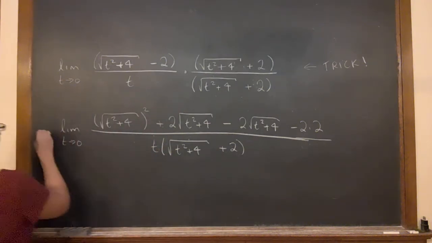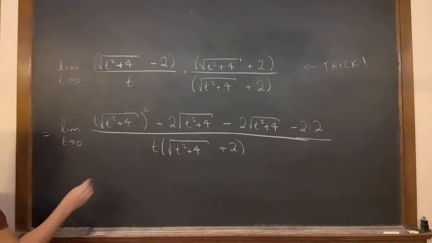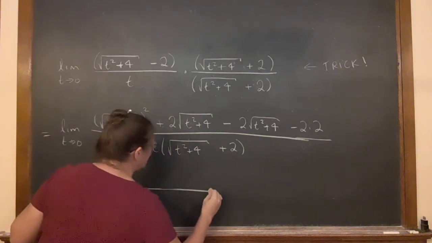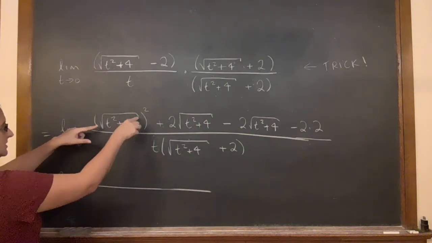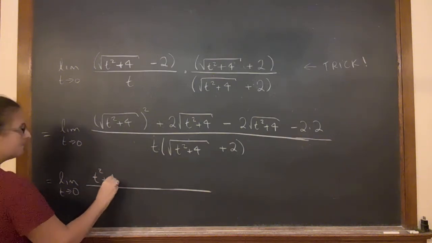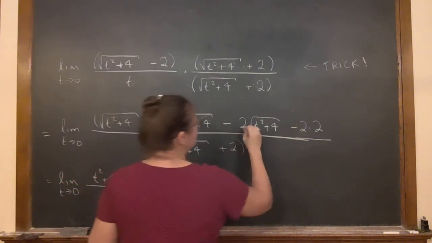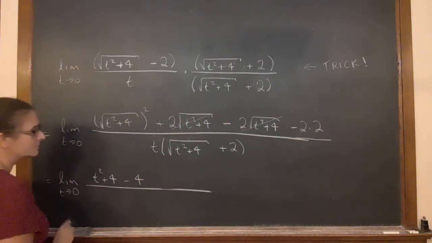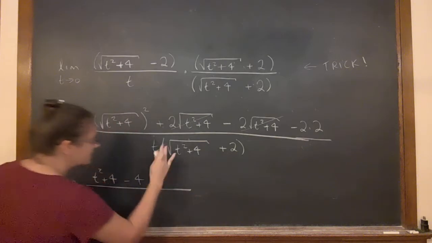Because otherwise it's a waste of time. All right, so let's see what this is now. Limit as t goes to 0. On my top, this is the square of the square root, so this is t squared plus 4. These two cancel out, and then I've got a minus 4 here. Okay? And then the bottom just stays the bottom.